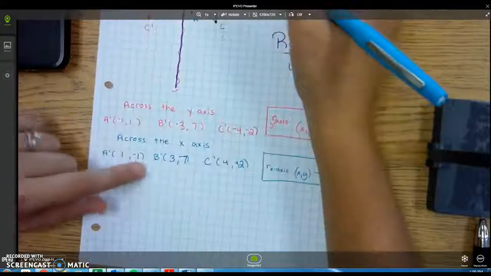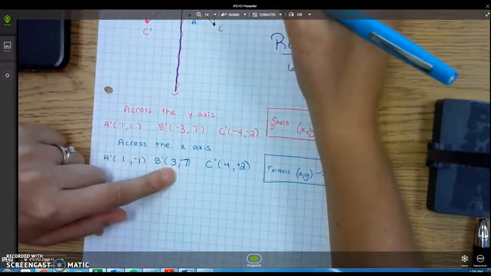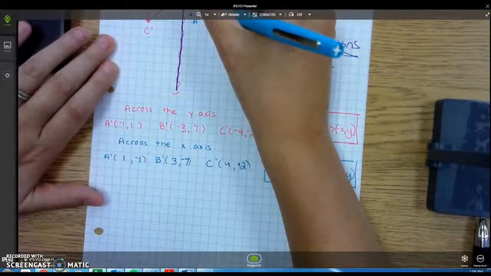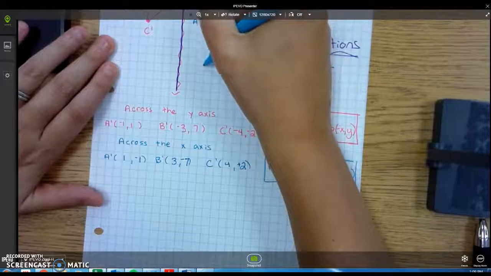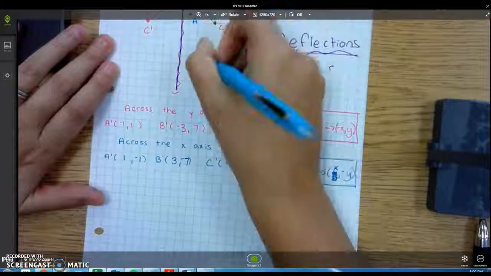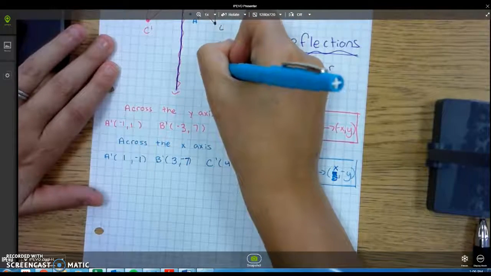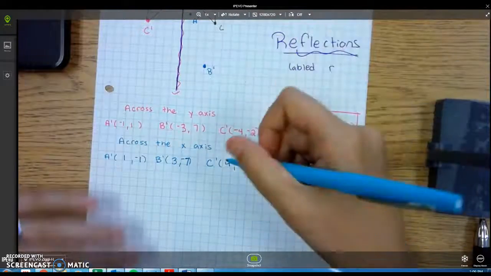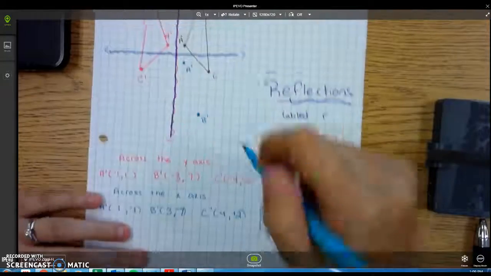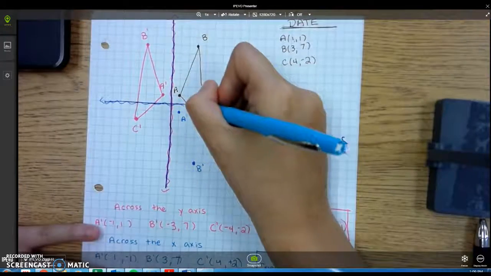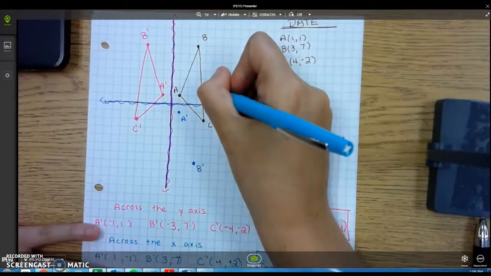We have 3, comma, negative 7. And C is 4, positive 2. 1, 2, 3, 4, 1, 2.